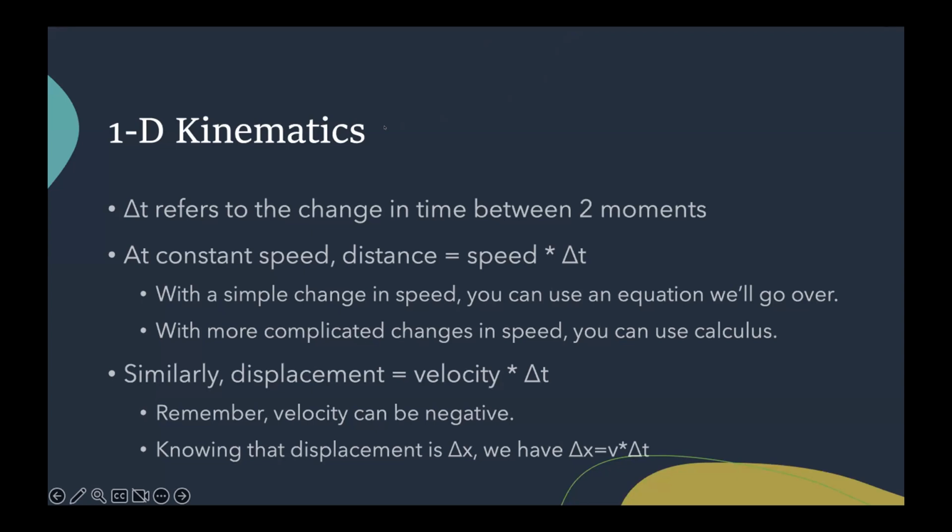In terms of variables, delta x is equal to v times delta t. Obviously, this only holds at constant velocities, because if you have changing velocities, you don't actually know what to substitute in for v. We're going to look at changing speeds later on today.